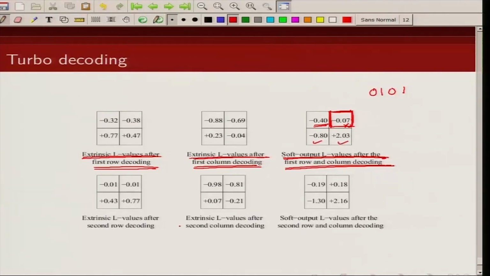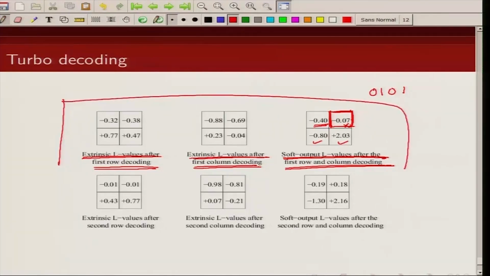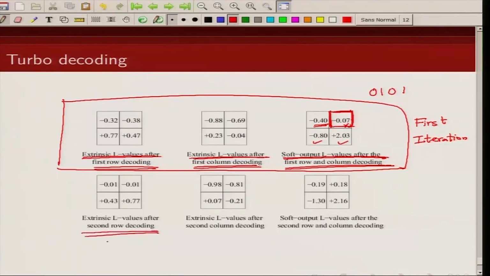So this whole thing was my first iteration. Fine. Now, what about the second iteration? Again I first compute the extrinsic values. This is after I do decoder 1.